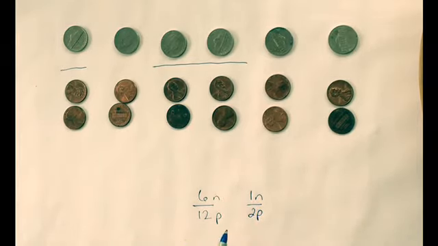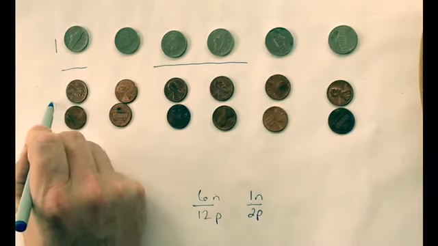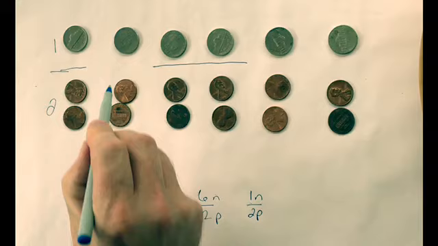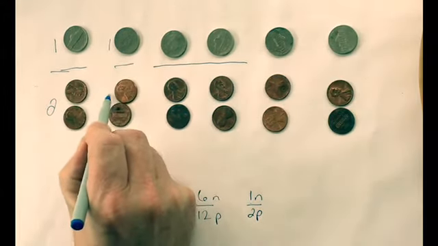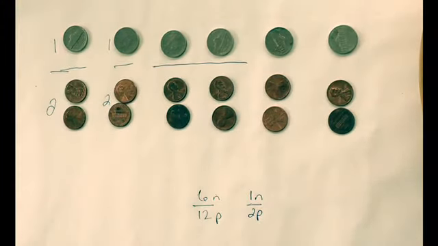And what this shows me is that I have the same value fraction just represented with different numbers. 6/12 is equal to 1/2. It's the same as 1/2. 1 nickel, 2 pennies. 1 nickel, 2 pennies, and so on.